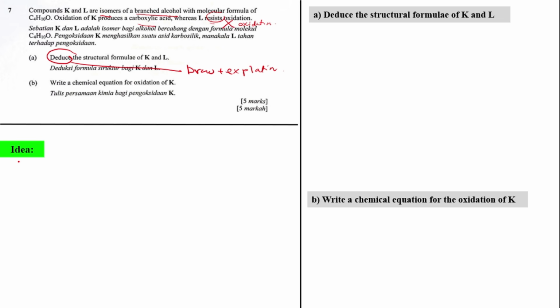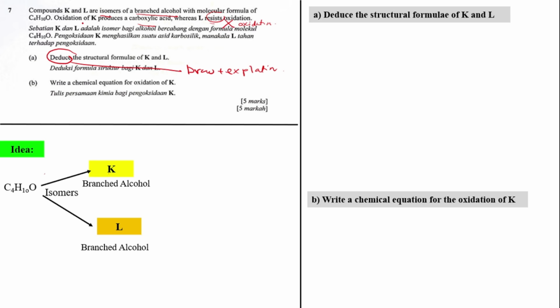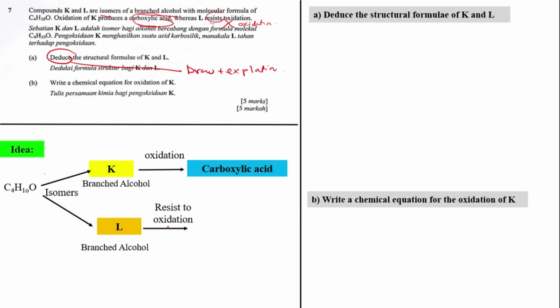So I'm going to write again, where I know that my compound, which is C4H10O, is the isomers of the branched alcohol of K and L. Oxidation of K will produce a carboxylic acid. Meanwhile, L will not undergo oxidation. It is resistant to oxidation, so we will see no observable changes.